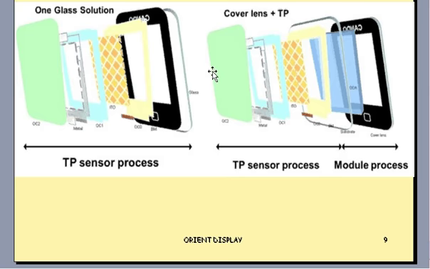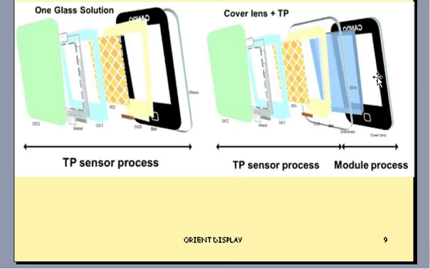So in that case, you can find the structure of the touch panel sensor process. You can see this is a one glass solution, that is a cover lens and the touch panel solution. This is a sensor, and then this is a cover glass.